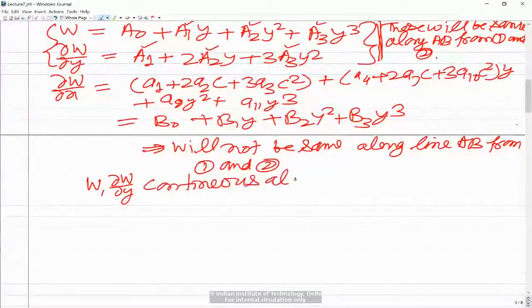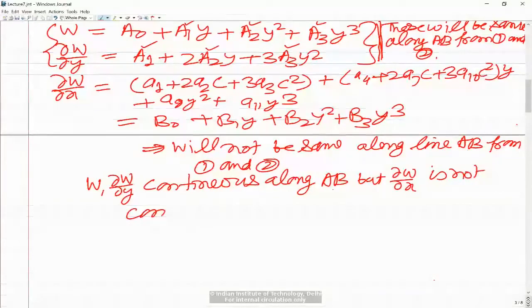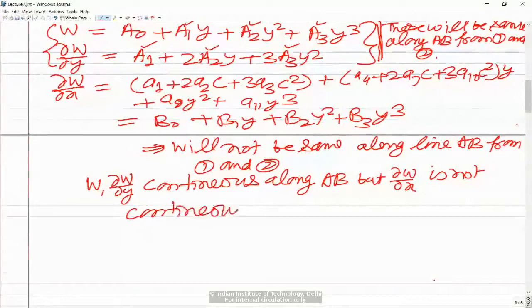When we say along AB, it is actually across the elements. Continuous or compatible? Continuous means across elements 1 and 2.